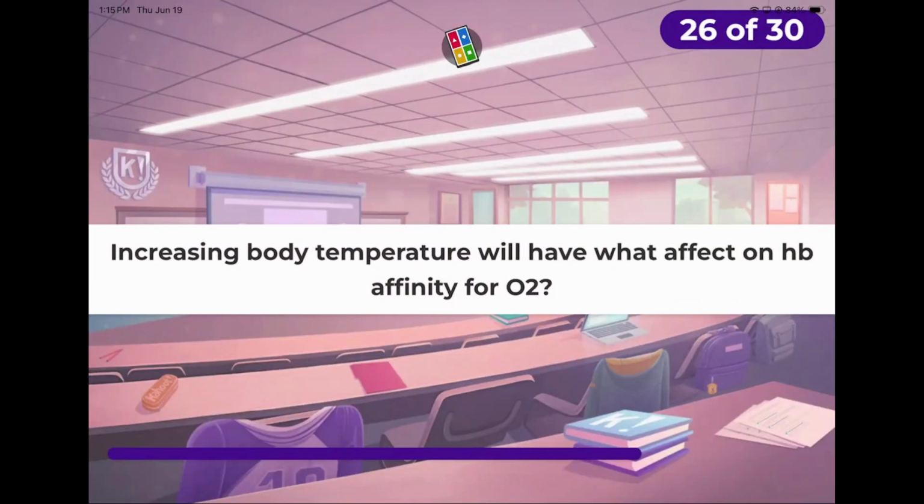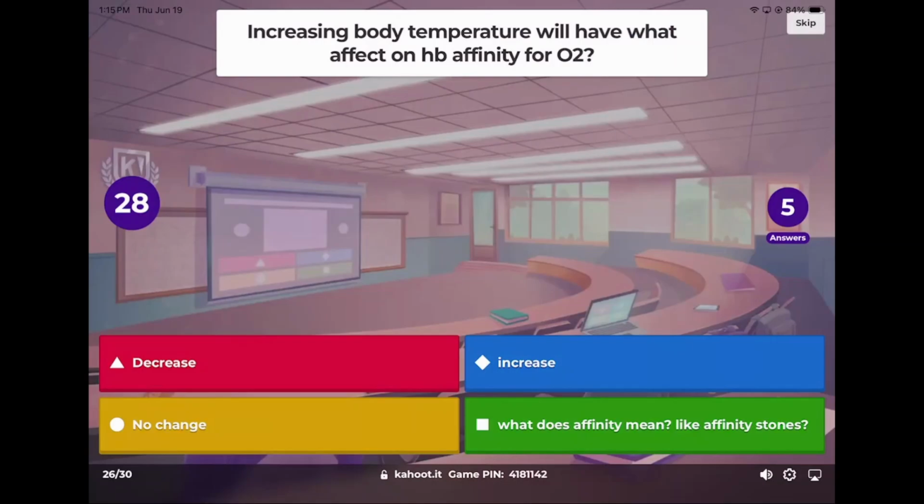Increasing body temperature will have what effect on the hemoglobin's affinity for oxygen? So affinity. Okay.